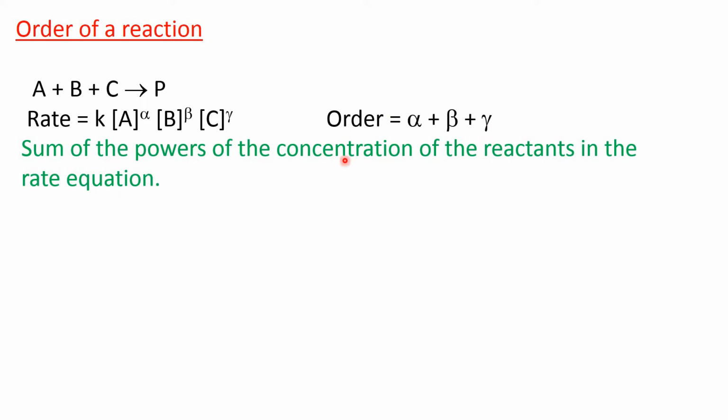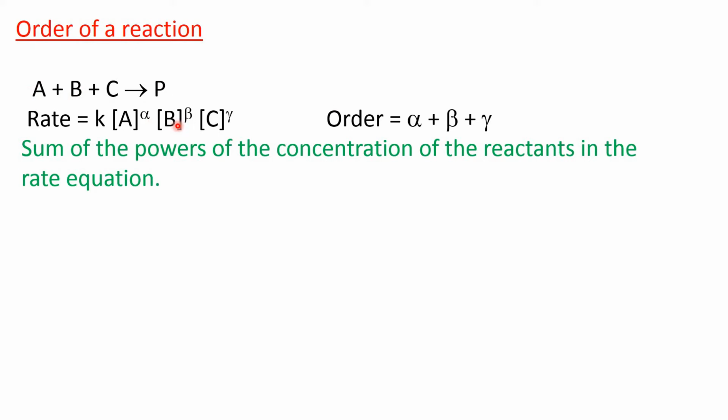So how can I define order? It is the sum of the powers of the concentration of the reactants in the rate equation. This is in the rate equation, not in the stoichiometric equation, and not the stoichiometric coefficient.